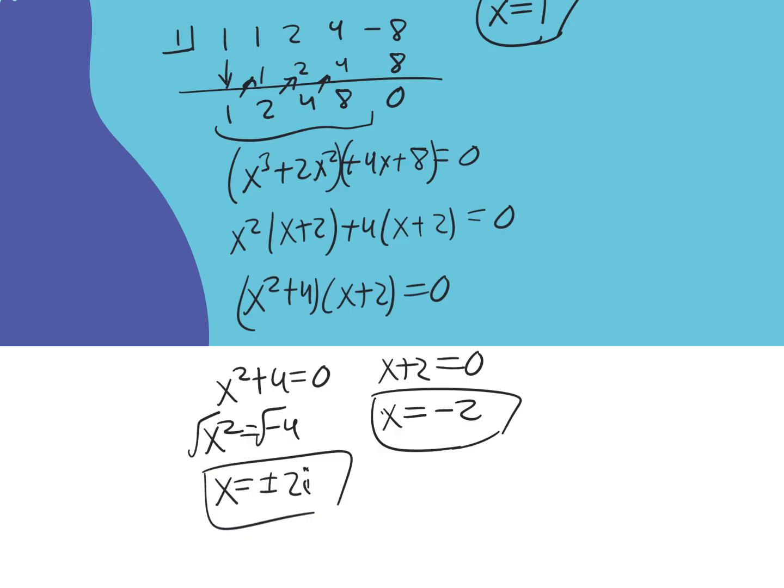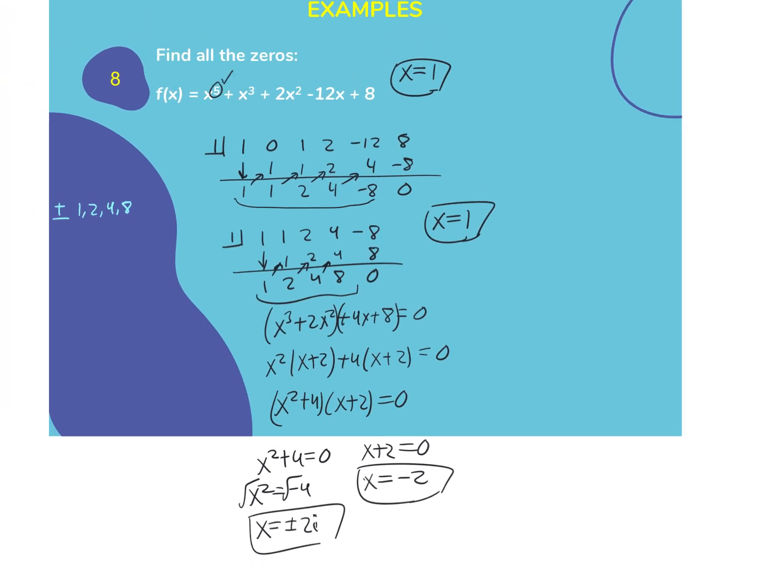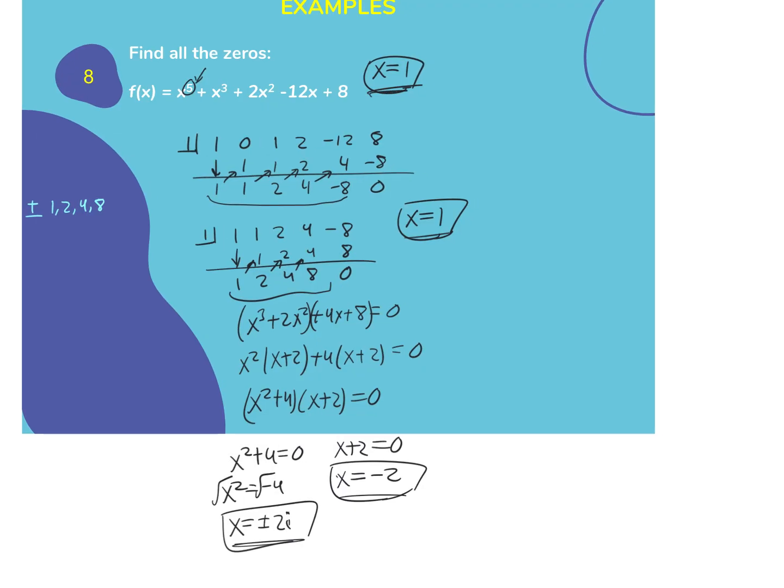So we actually do get the 5 answers that we were expecting, right? Our highest exponent, again, tells us how many answers we should get. We get x equals 1 twice, a negative 2, and then plus minus 2i, right? And you're going to learn in the next lesson, 3.2, that these numbers actually have meaning on a graph, right?